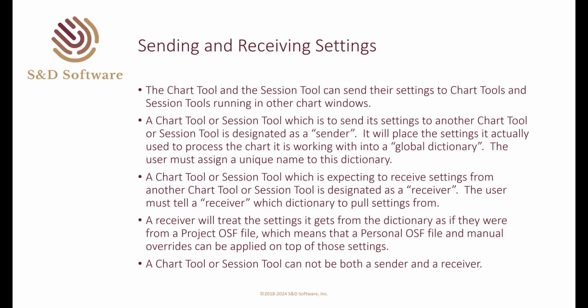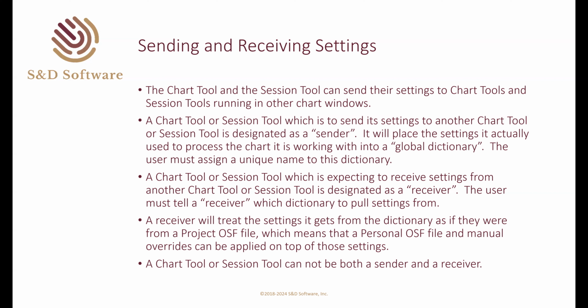Now, a receiver is going to be a chart tool or a session tool that's told to look at a specific global dictionary for settings. And you'll be able to tell the receiver what kind of OSF file to expect there, or what kind of OSF file you're interested in. So if we're dealing with a chart tool, the sender is going to put 3 OSF files into his global dictionary.